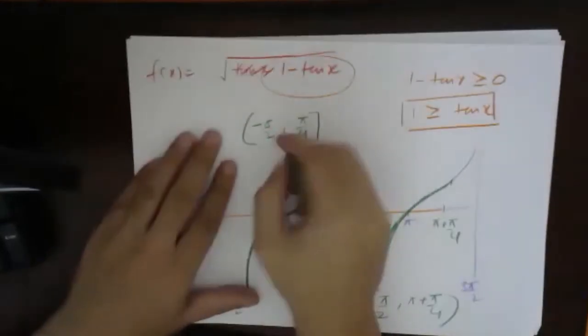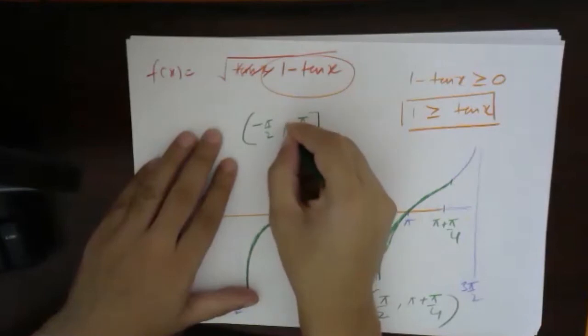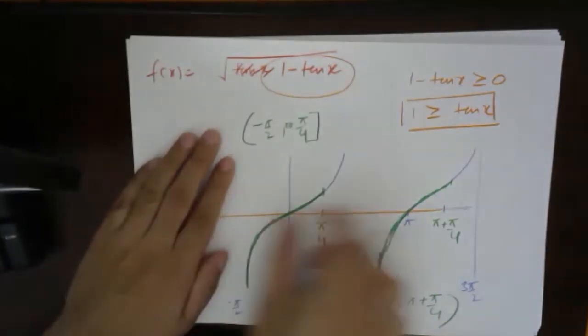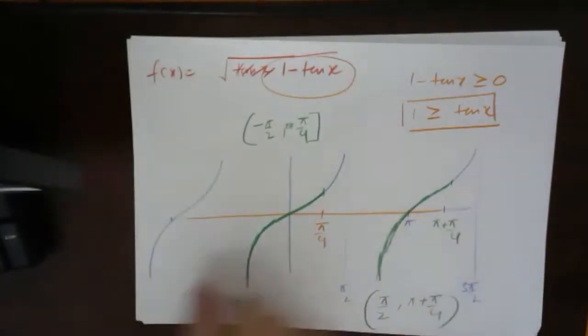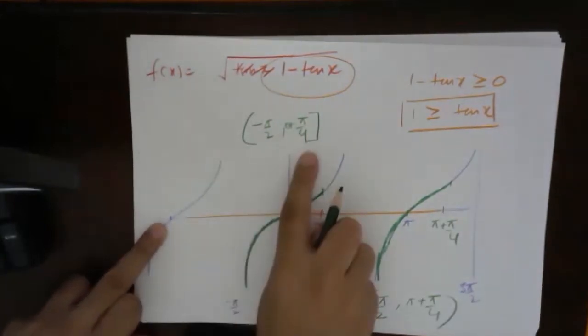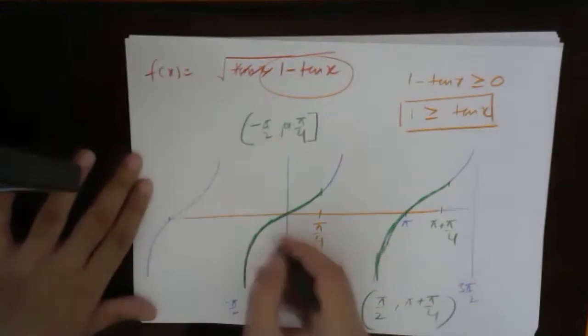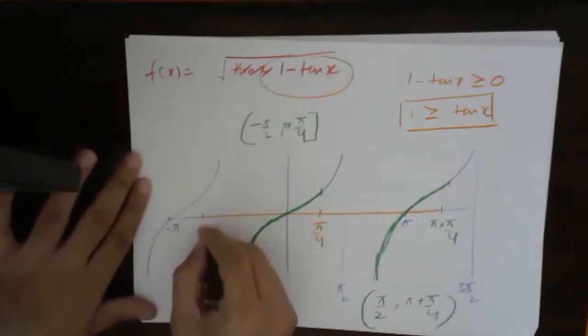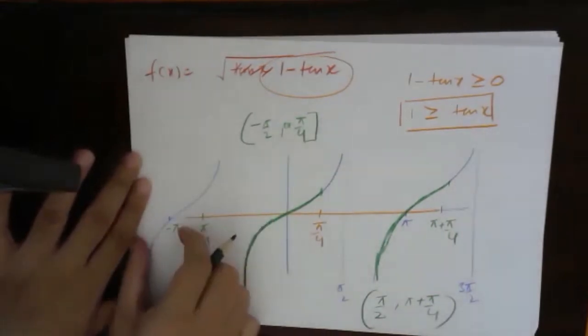This I can write as minus pi by 2 to 0 plus pi by 4. Now I have shifted by 1 to the right side. Again when I write this one, it will be minus pi by 2 plus pi by 4, minus pi, so this will be pi by 4. The previous one will be minus pi plus pi by 4.